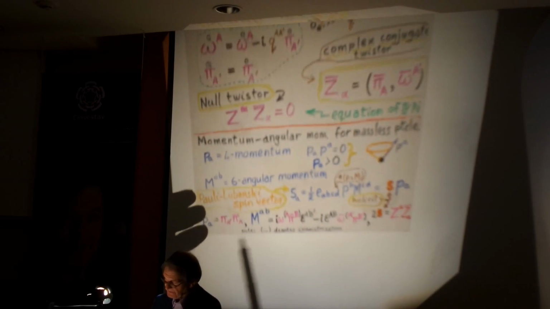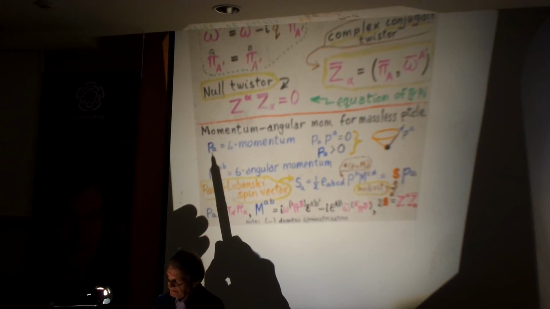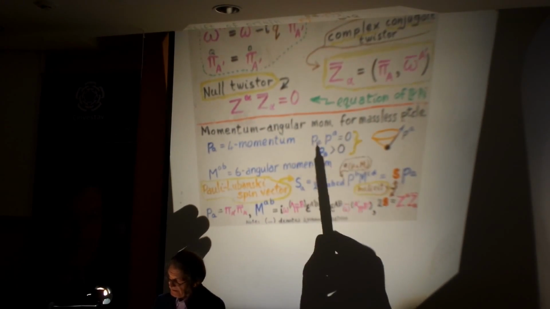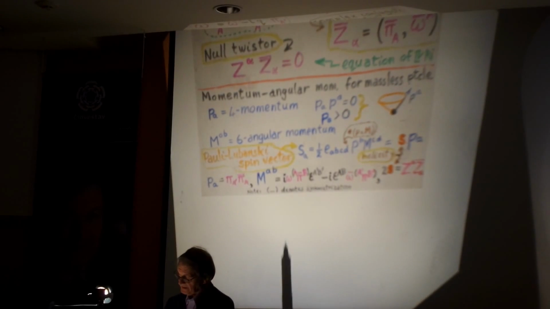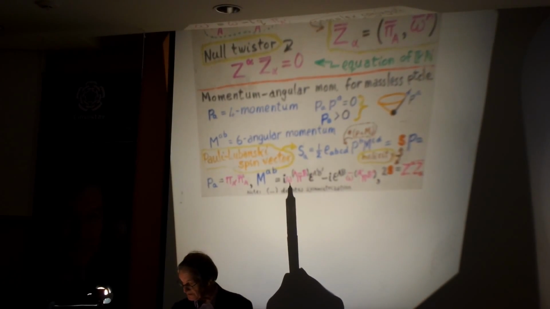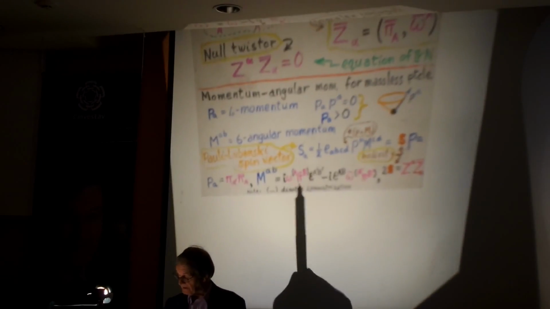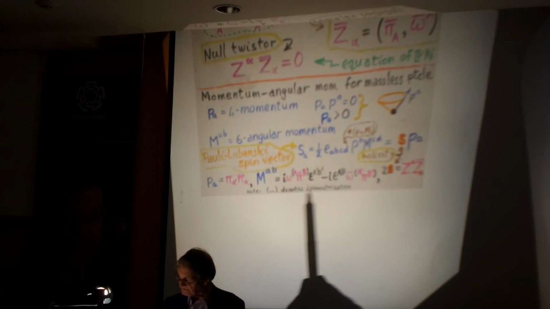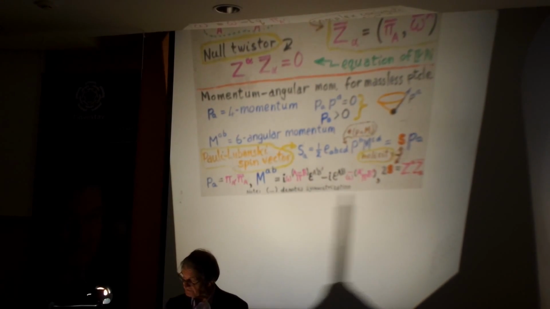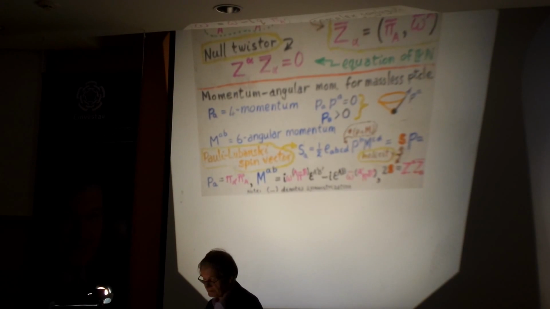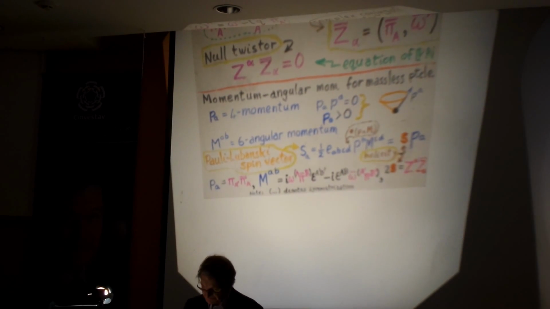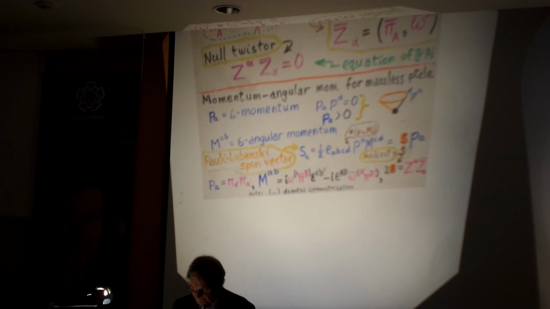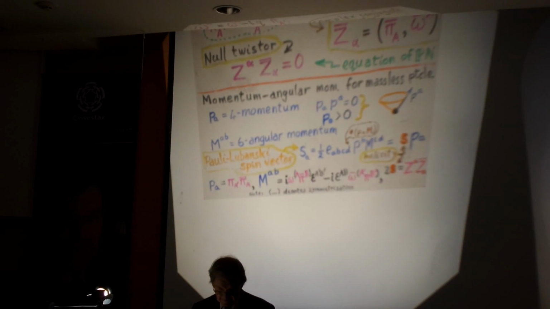And this is all consistent with the interpretation of the momentum of the massless particle being pi times pi bar, and the angular momentum being this formula here, a bit complicated, but basically it involves the symmetrized product of the omega and the pi, and that gives you the self-dual and anti-self-dual parts of the angular momentum 6 vector. So this is the physical interpretation of Twistors directly in flat space.